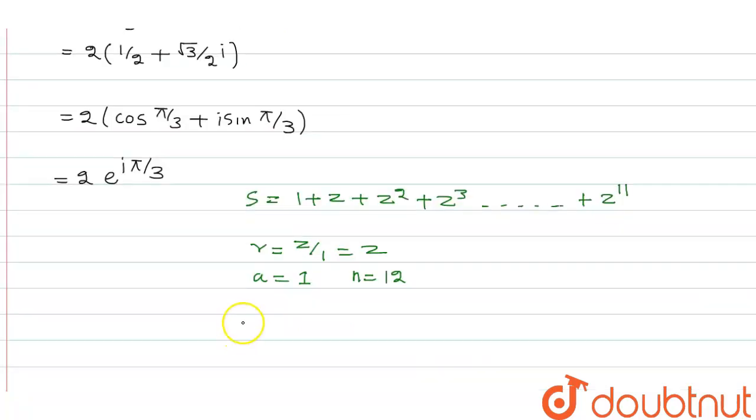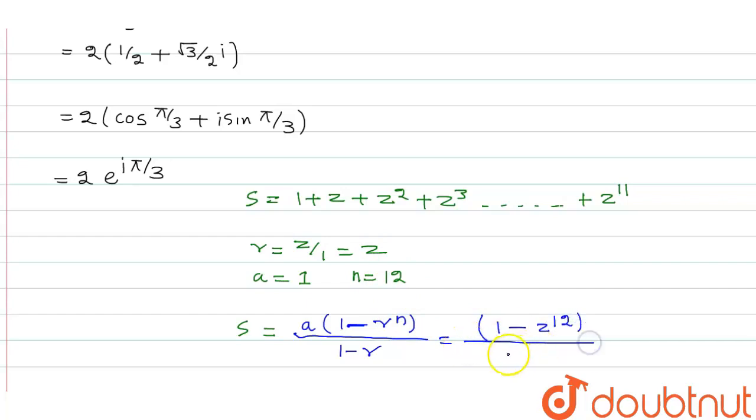So S = a(1 − rⁿ)/(1 − r), which becomes (1 − z¹²)/(1 − z).